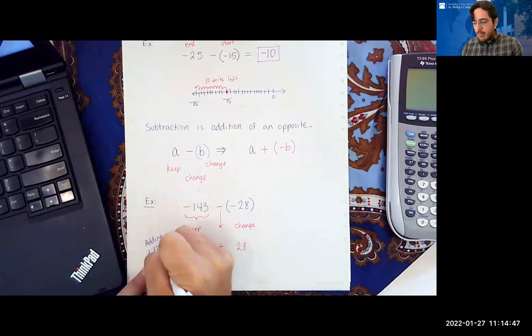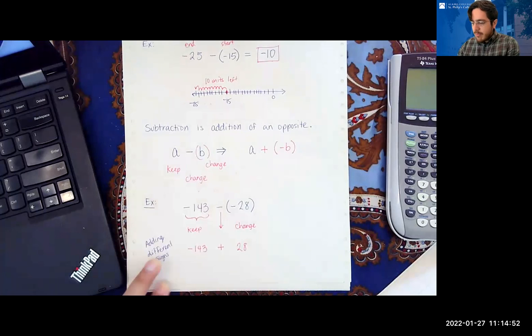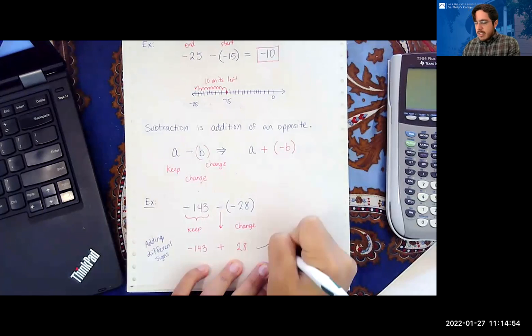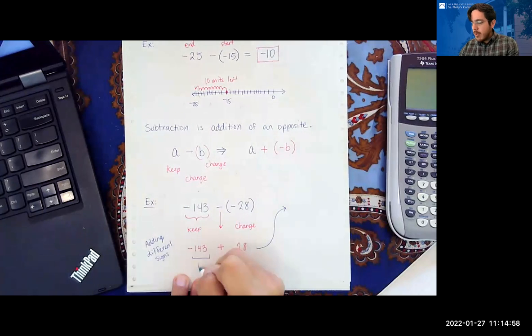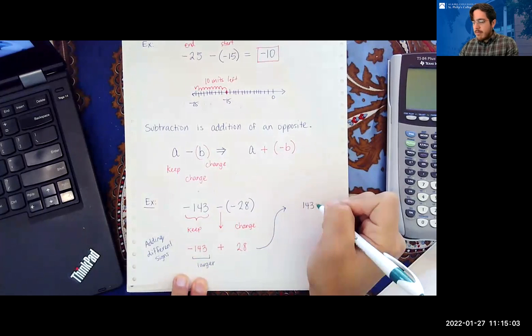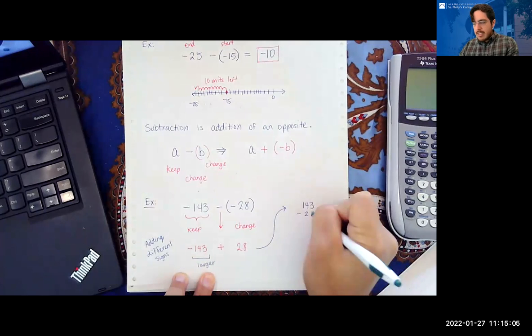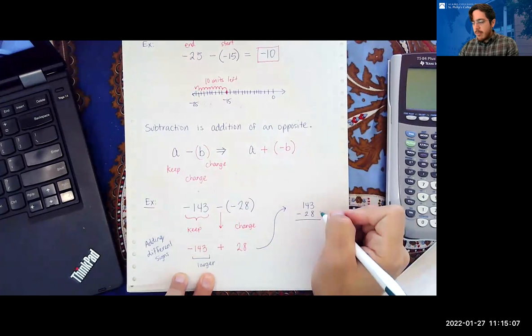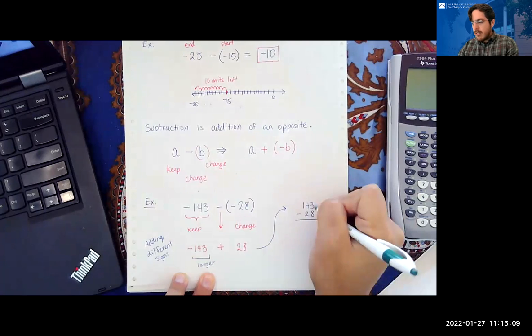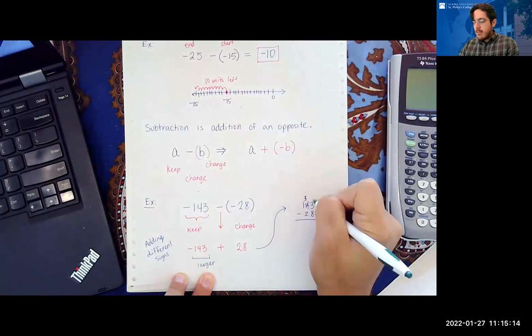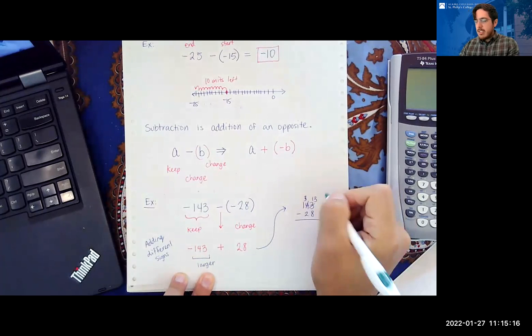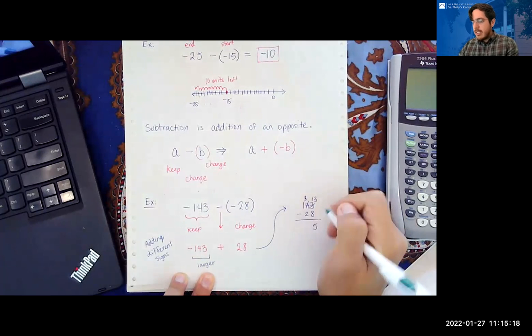This addition problem is adding with different signs. And as I alluded to before, if we're adding with different signs, what we really need to do is take the larger number, or the number that has a larger absolute value, 143, subtract the 28. We'll do that subtraction, so I need to borrow here. So this will be 3. This will be 13. 13 minus 8 is 5. 3 minus 2 is 1, and then I'll bring that 1 down.